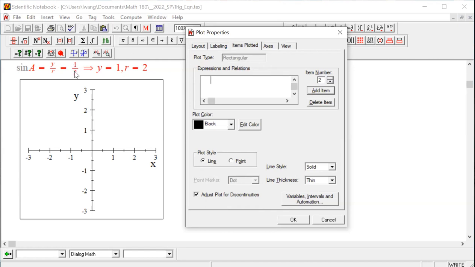I'm going to draw the y. We have some knowledge about these lines, so I'm going to make it blue.